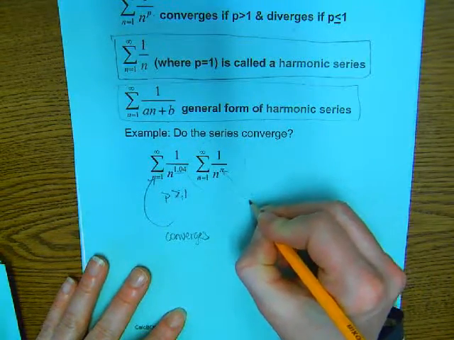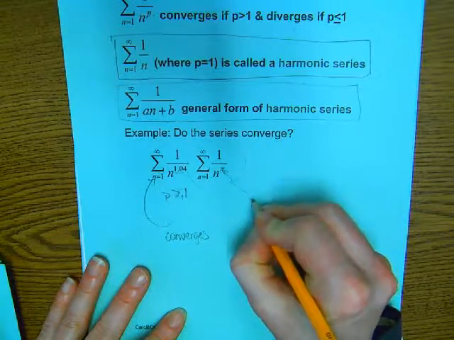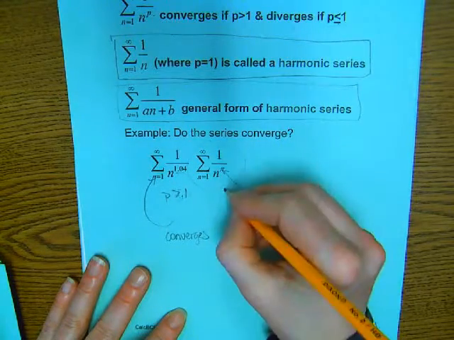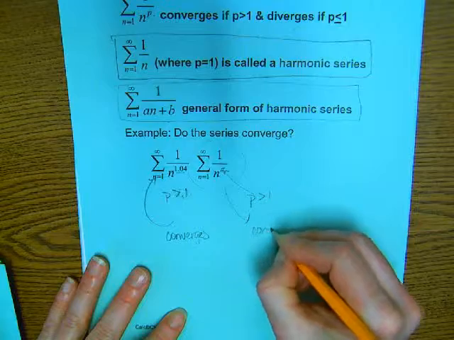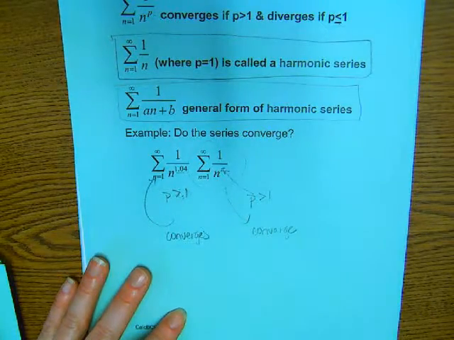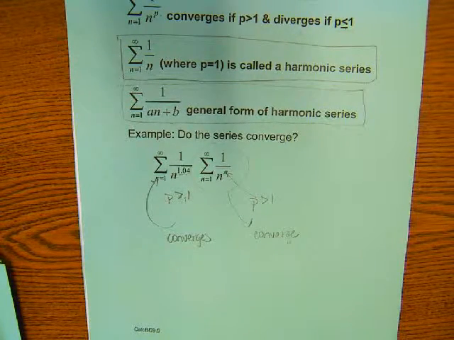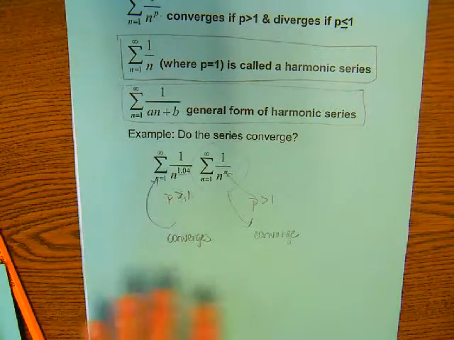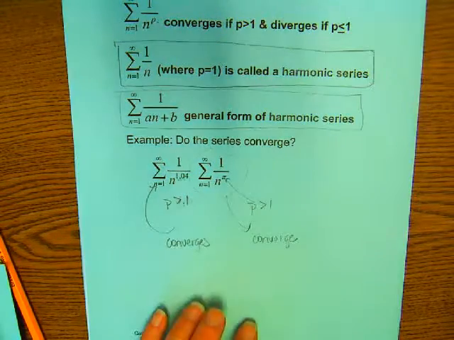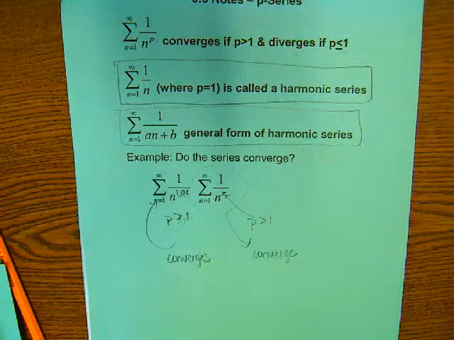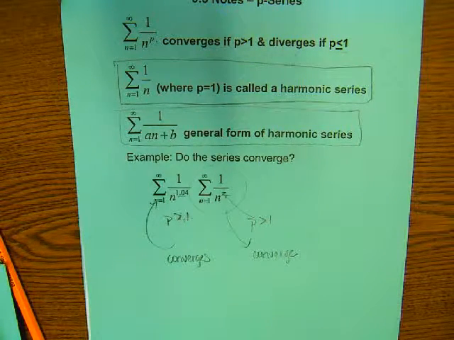Looking up here, pi is greater than 1. This also is going to converge, since p is greater than 1. Okay, so there's just an example of the p series and what generalizations we can make from our previous statement.